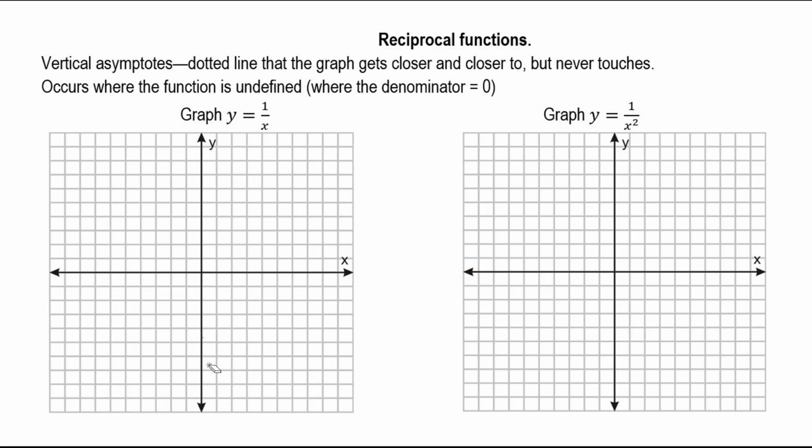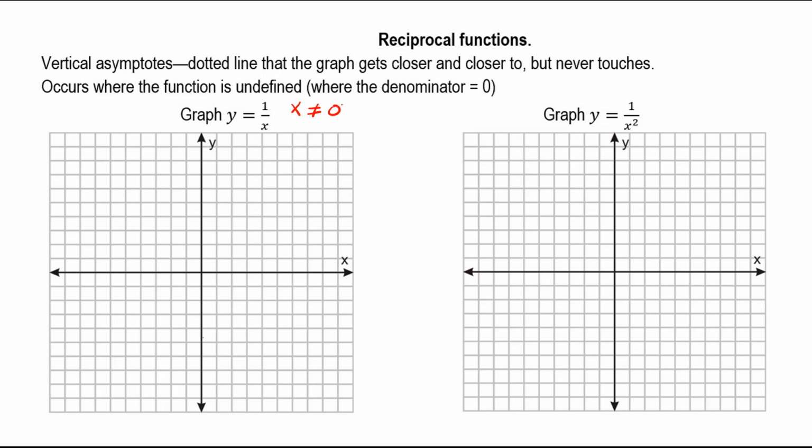Okay, now we're going to look at reciprocal functions. Reciprocal functions are going to have asymptotes, which I talked about a minute ago. These are lines that the function can approach but never touch, because reciprocal functions always have a denominator, and a denominator can never be 0. So for this first function, y equals 1 over x, we know that x cannot be 0.